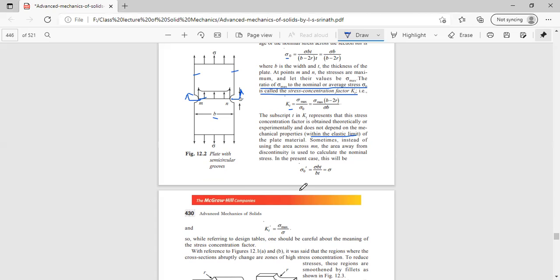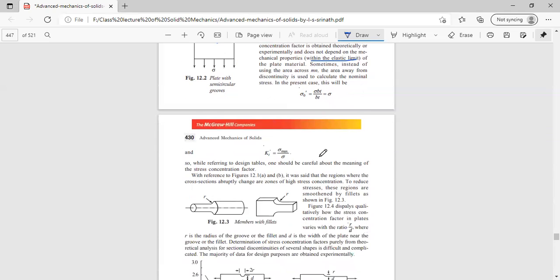The stress concentration factor is given by the maximum stress divided by sigma 0, the stress at the cross-section MN. That is the ratio, the stress concentration factor. But sometimes for our own practice, we make sigma dash 0 equal to sigma, the nominal stress, without taking into account the stress induced in the area MN. Then in that case, KT will become sigma max divided by sigma itself.